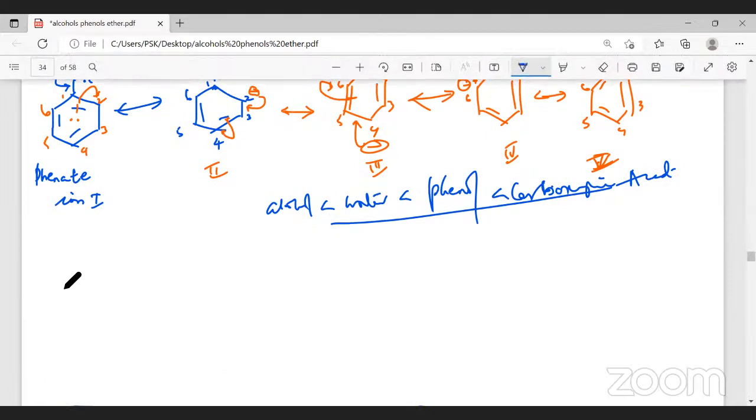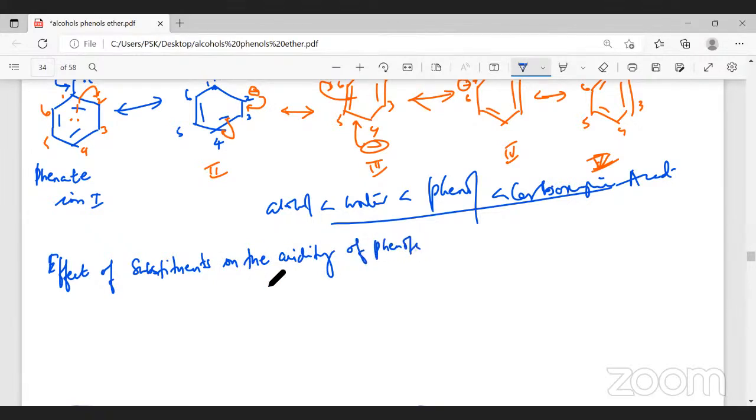Now, the heading is effect of substituents on the acidity of phenols.